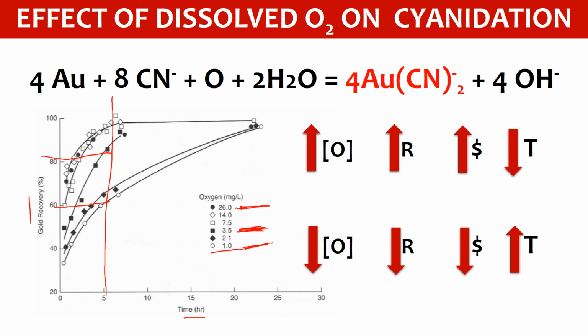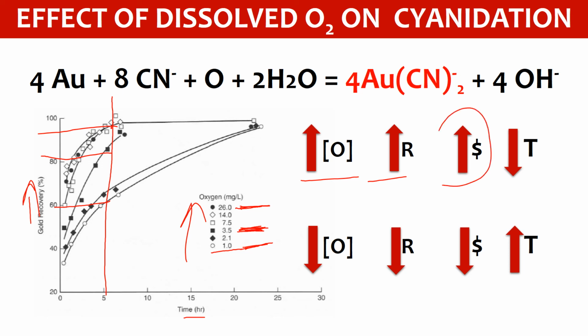Then you have your dark circle, and you can see that you have a very high rate, maybe around 95% gold recovery. So it simply shows that when you increase the concentration of your dissolved oxygen, then definitely gold recovery will also increase.